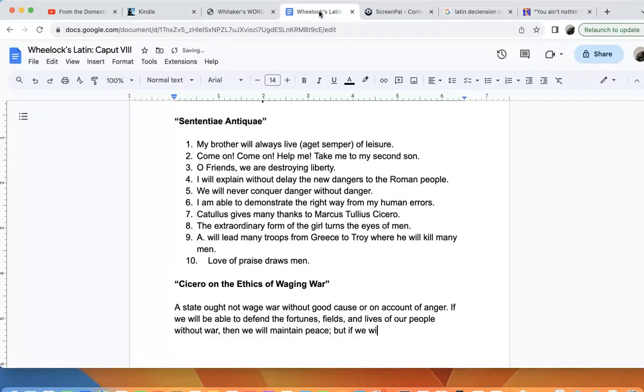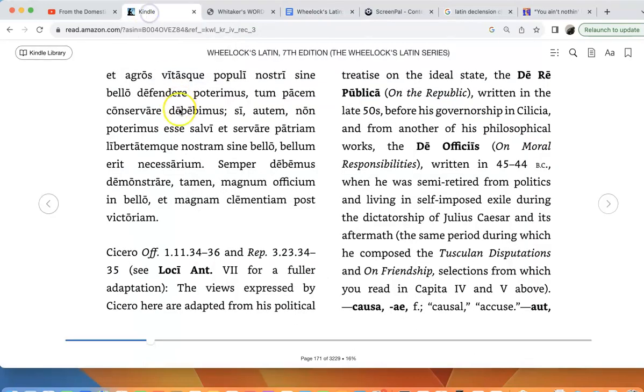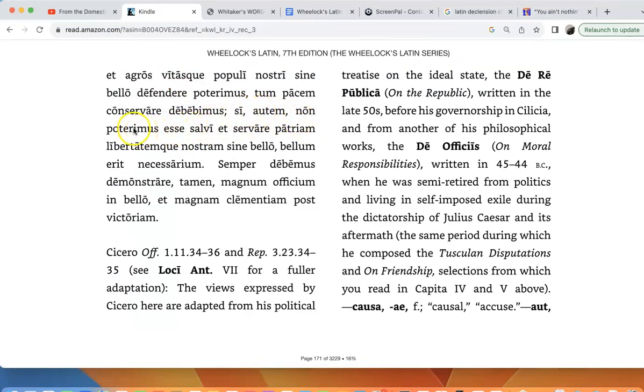So I think we had salvi in the last chapter. So, but if, mus means we will not be safe and protect the fatherland and liberty of our without war.